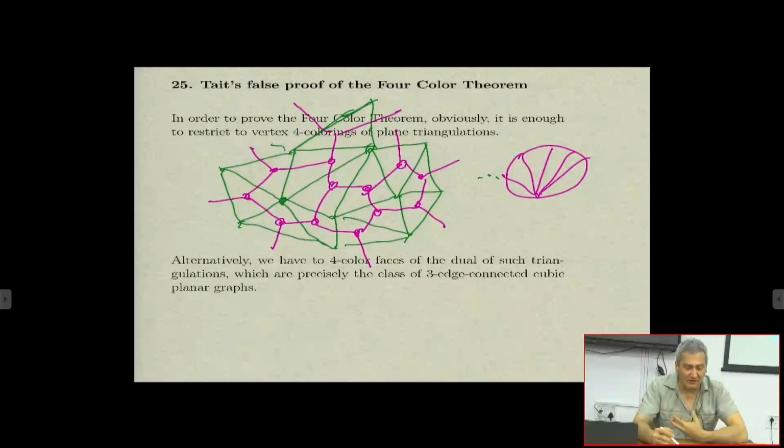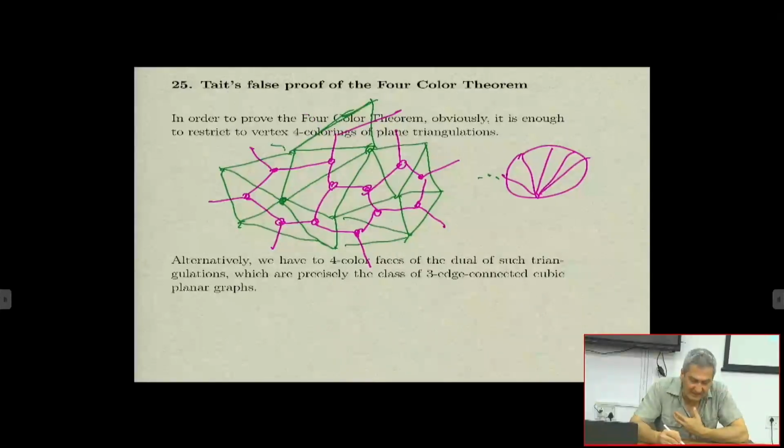Now, instead of coloring this vertex blue, no, sorry, this is the other graph.